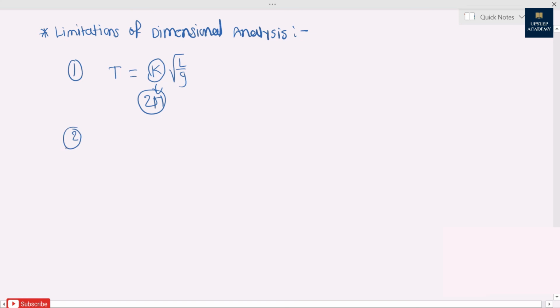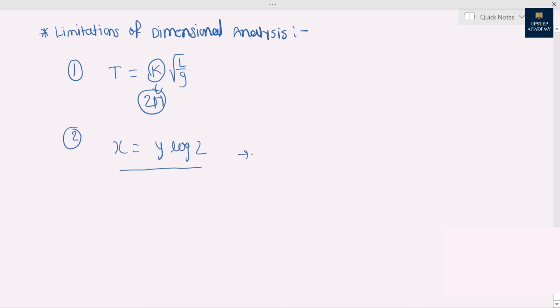The second limitation of dimensional analysis is we cannot use it for establishing relations between two physical quantities if functions like trigonometric functions, logarithmic functions and exponential functions are present in the equations. It means, if suppose there is the relation x is equal to y log z, then we cannot use dimensional analysis to set this relation.